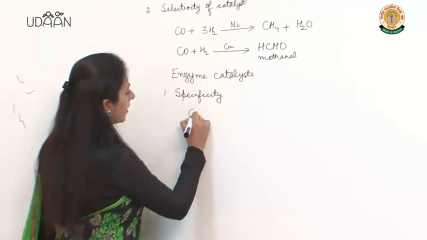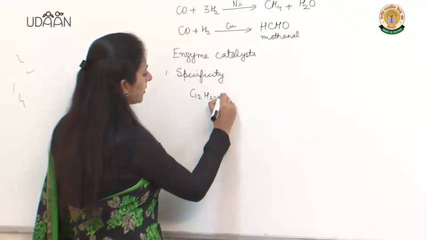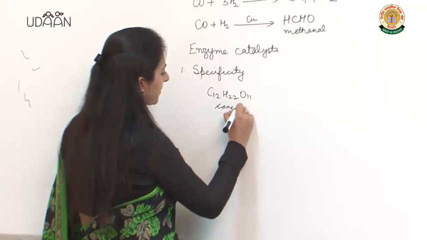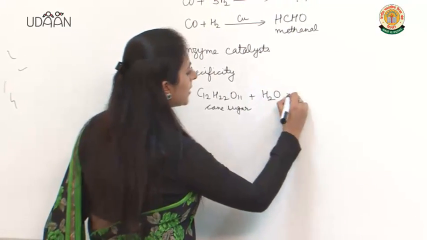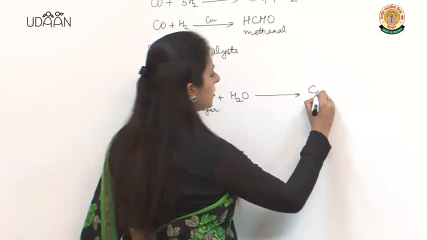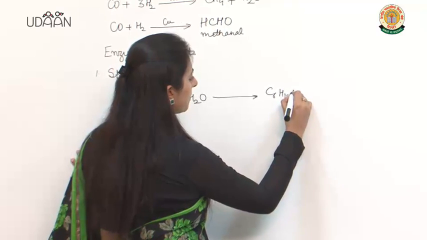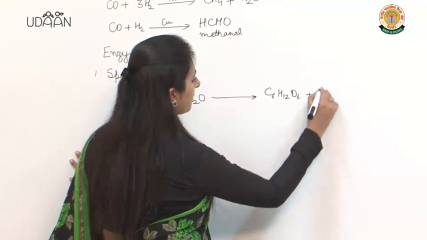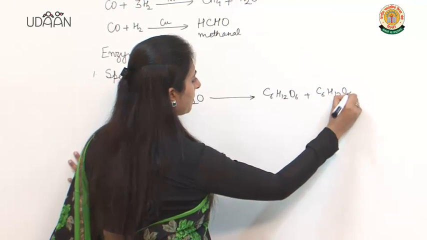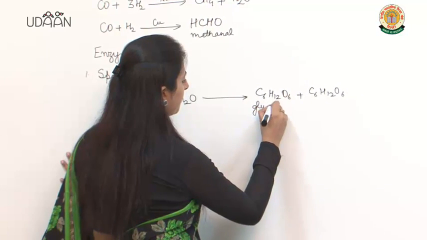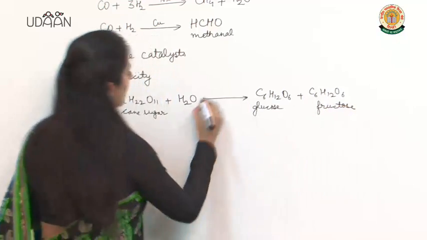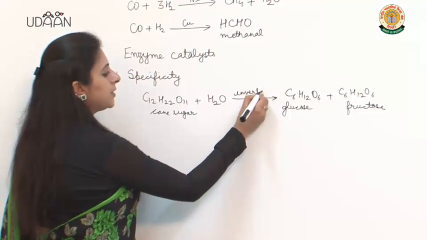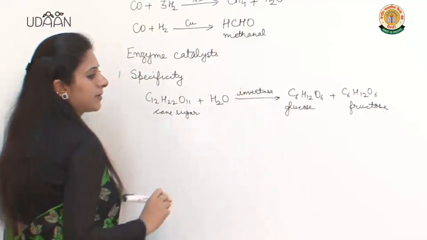That means inversion of cane sugar, this is cane sugar, when I hydrolyze it, I will get glucose plus fructose. And the enzyme which is used here is invertase.